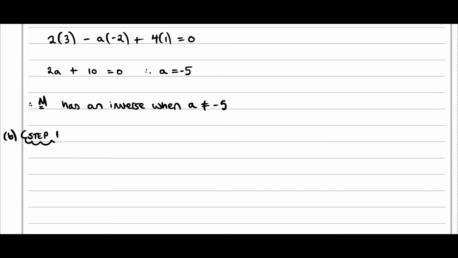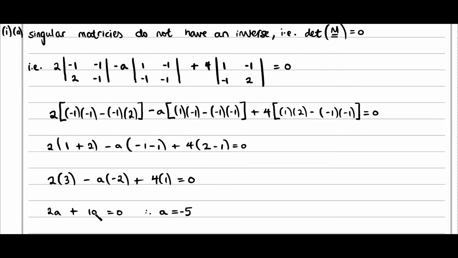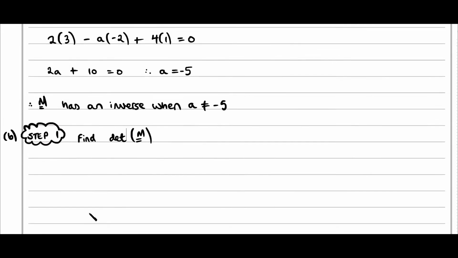Step 1 would be to find the determinant of M. And we have already done this. The determinant of M we found essentially over here. The 2a plus 10 is the determinant of M, and hopefully you can see that.